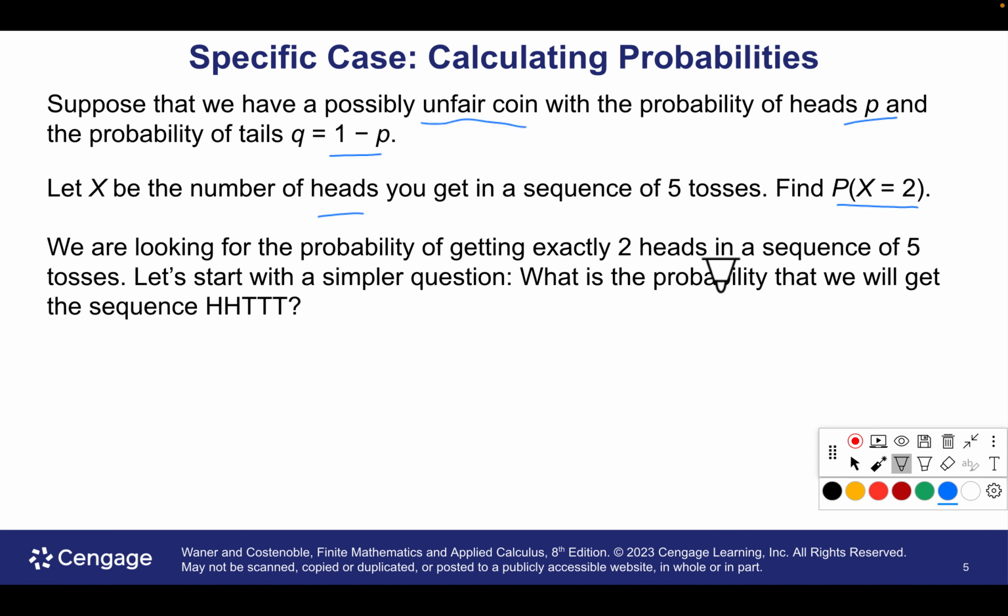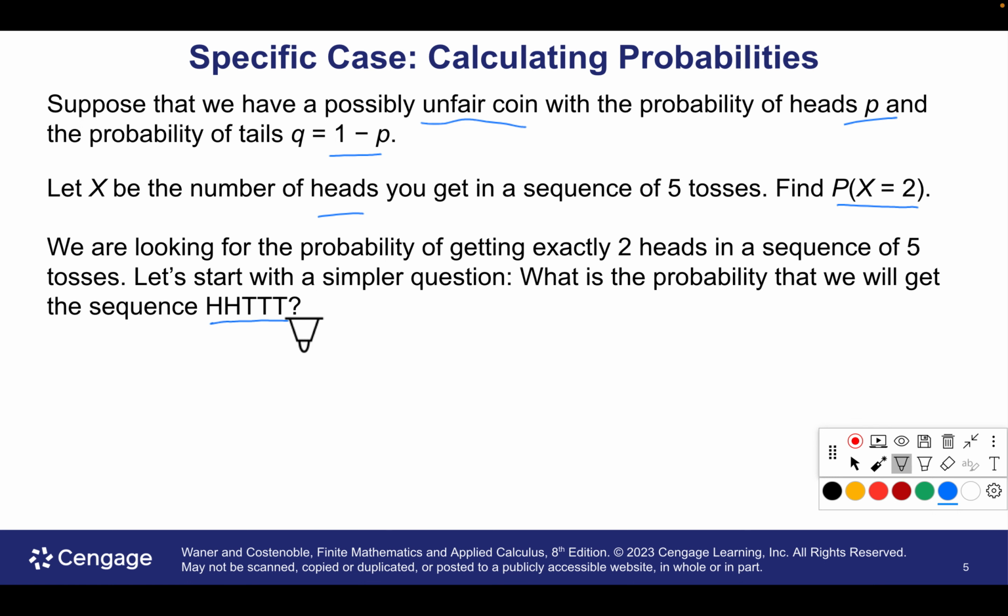We'll take a look at one because that would probably be a fairly large list. Certainly we get 2 heads followed by 3 tails. This would be one example of 2 heads: flip the coin 5 times, get 2 heads. That's called a success because that's what we're looking for.